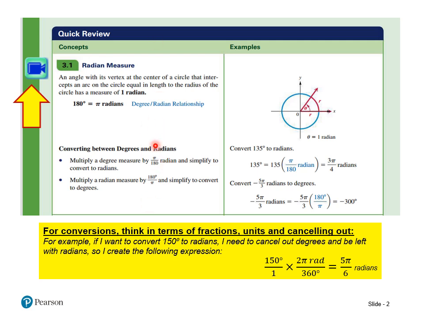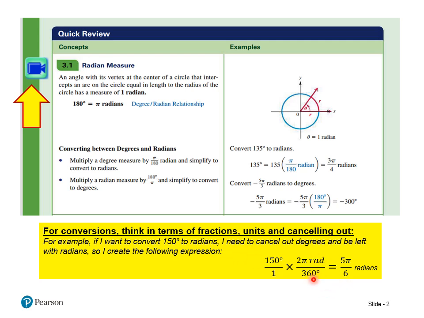Well, I don't do either of those. I think of this in terms of what it is and what I want. So I have 150 degrees, which I write as 150 degrees over 1. What I want is radians at the end, so since I have degrees in the numerator, I need degrees in the denominator to cancel out degrees.